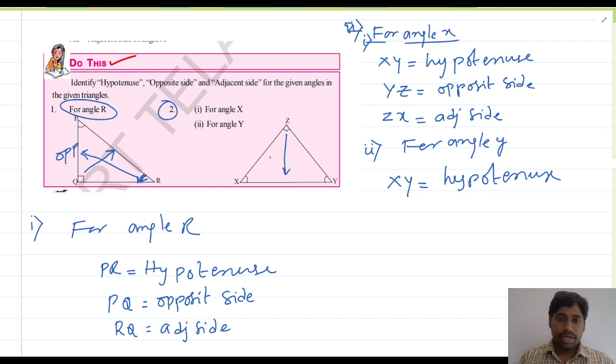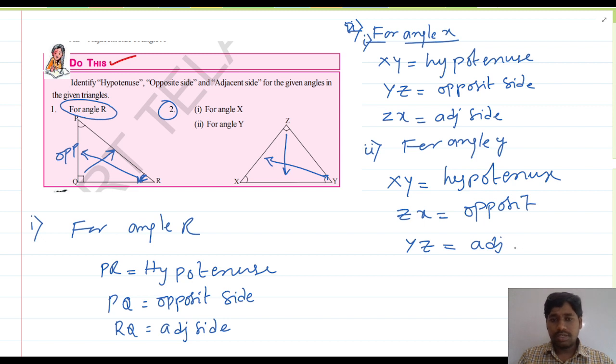Next, the opposite of angle Y is ZX. The side which is adjoining Y is YZ, which becomes the adjacent side. Okay, so in this way we can name the sides of a triangle.